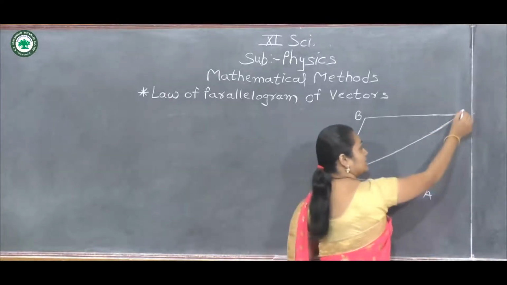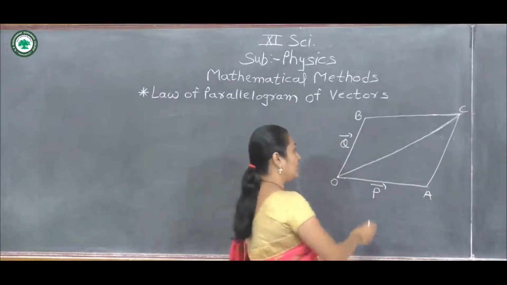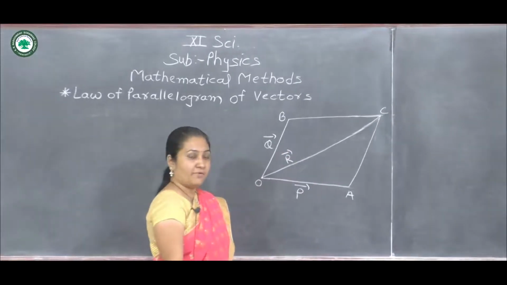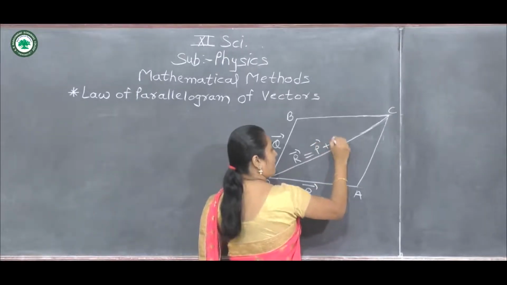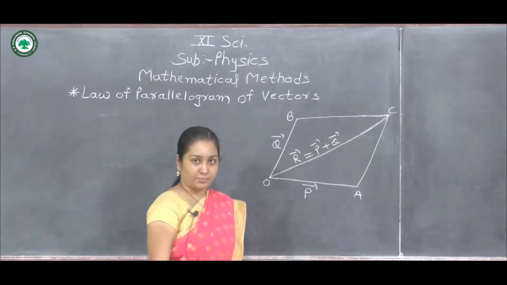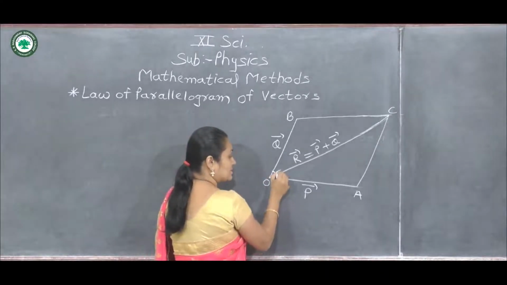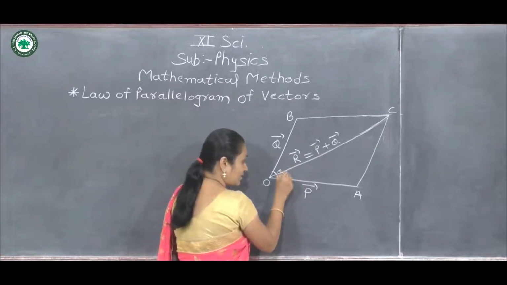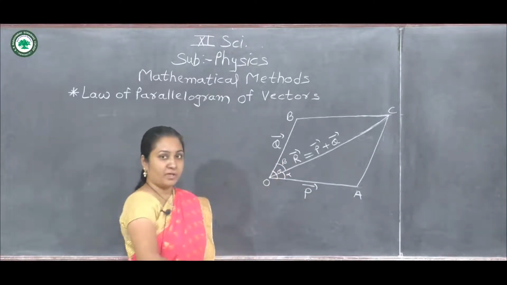OC. The diagonal is OC. So this OC gives us the resultant vector R bar, which is equal to P bar plus Q bar. This angle is theta. Then this is alpha and this is beta.